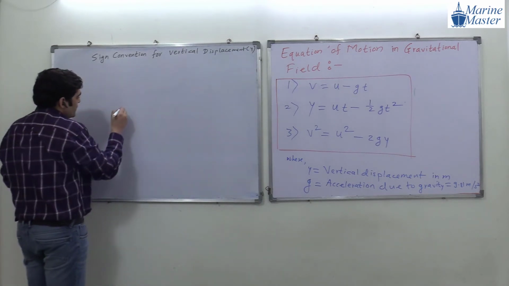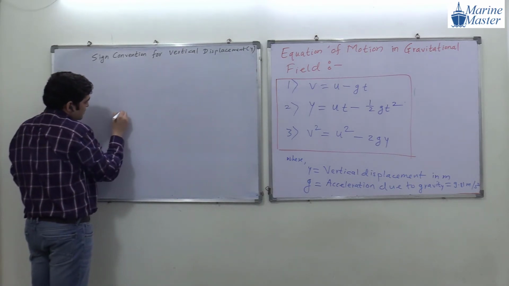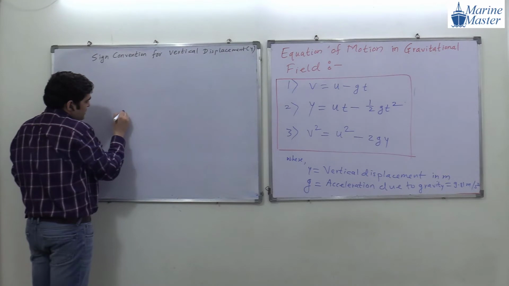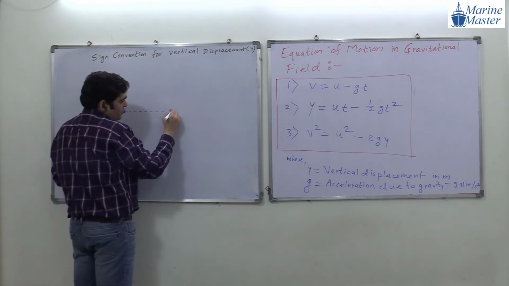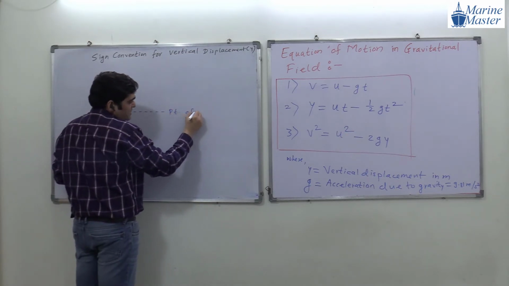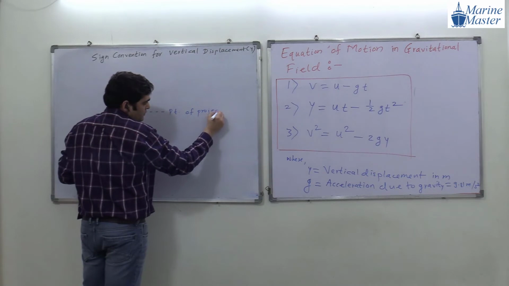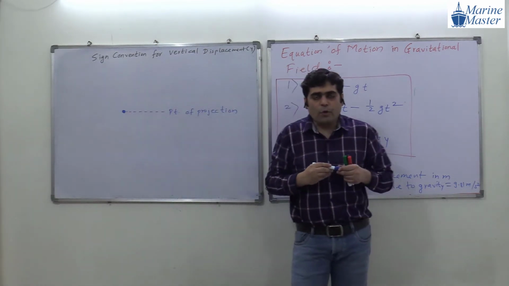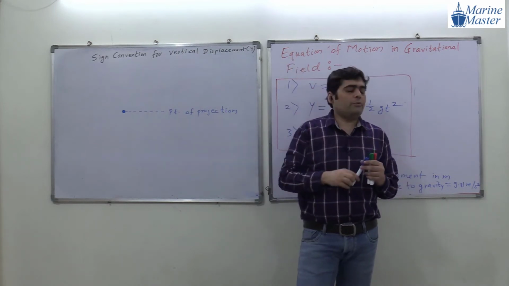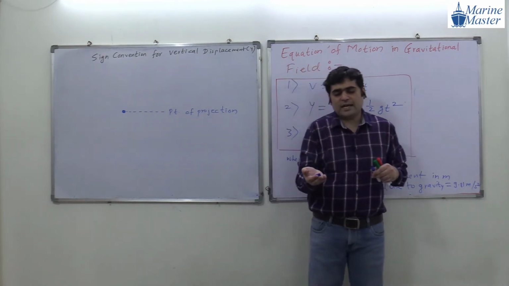Suppose this is our point of projection. What is meant by point of projection, guys? The point through which we are throwing the object. Suppose here I am throwing the object.